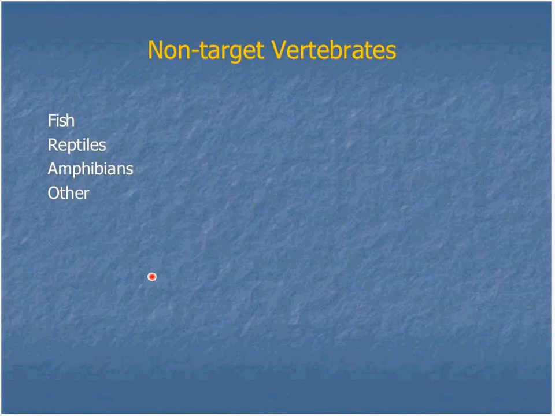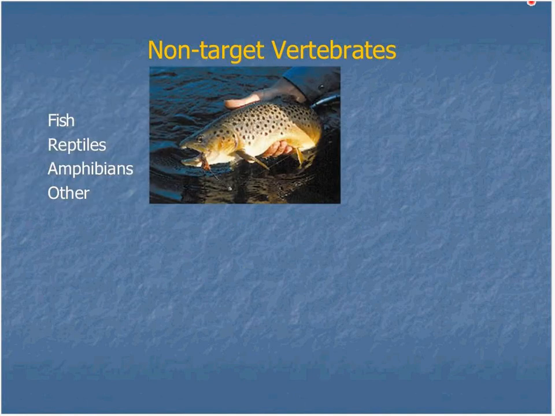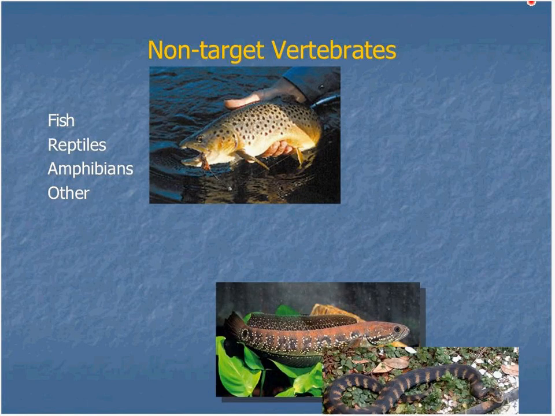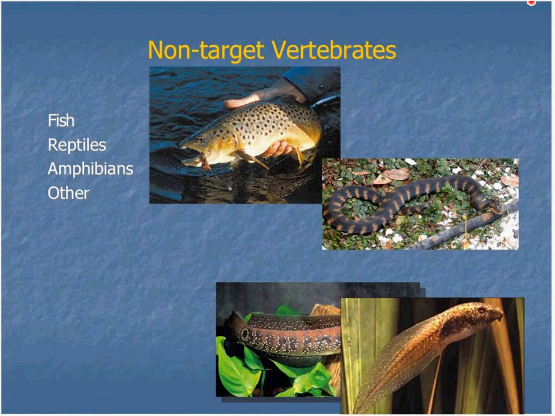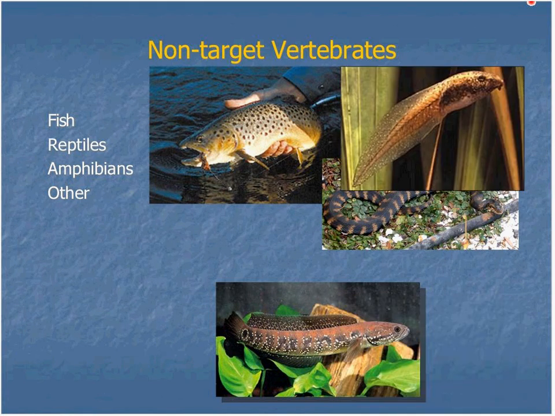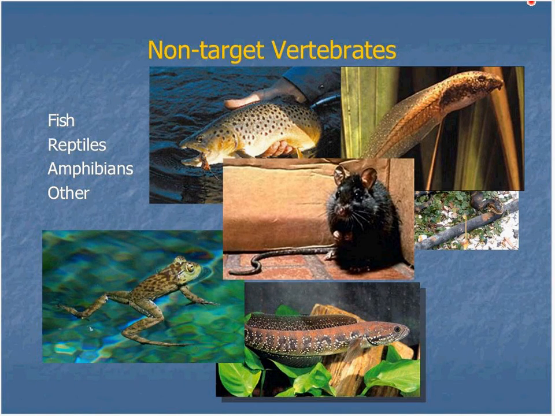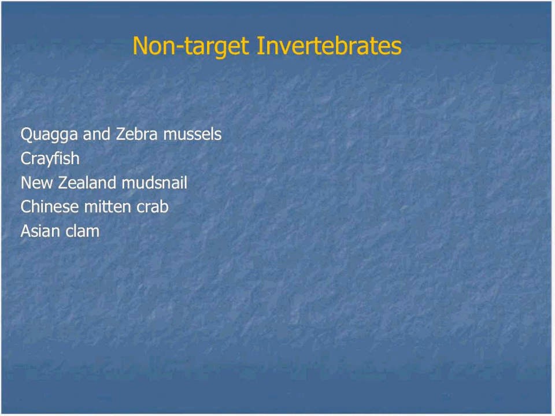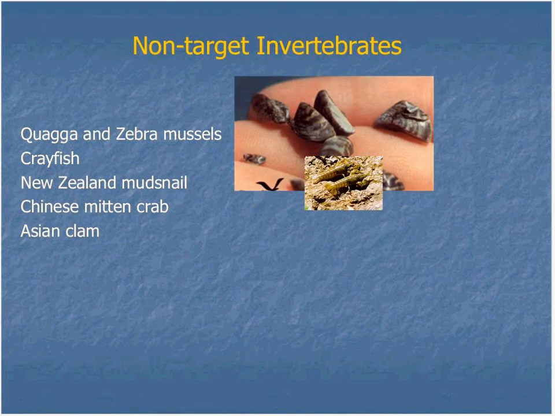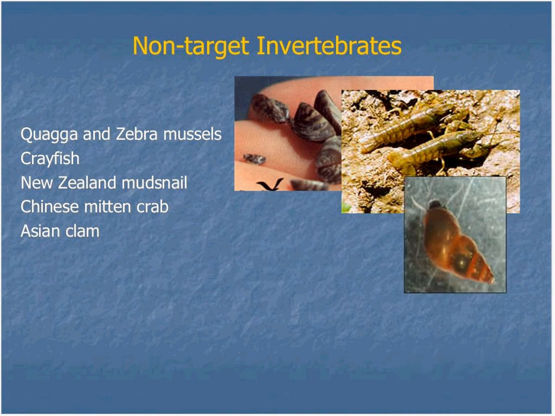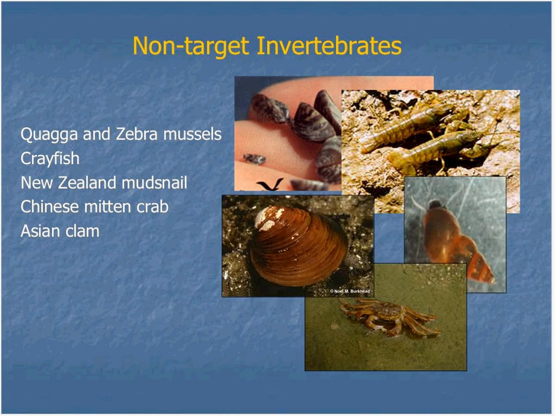So here are examples: fish, reptiles, amphibians, and others of some of the invasive species that are out there. And there are non-target invertebrates: quagga and zebra mussel, crayfish, New Zealand mud snail, Chinese mitten crab, Asian clam.